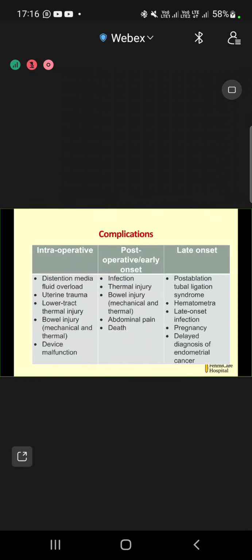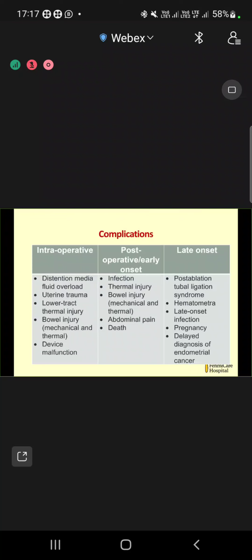There could be perforation of the uterus, thermal injury to the uterus or adjacent organs, or malfunctioning. These are very rare because nowadays we have very high-end equipment. Needless to say, the more you invest in the equipment, the more comfort you will feel. Post-operative complications, like any other surgical procedure: there could be infection or delayed expression of thermal or mechanical injuries. Most commonly, the patient complains of cramp-like pains, and rarely, unfortunately, mortality.